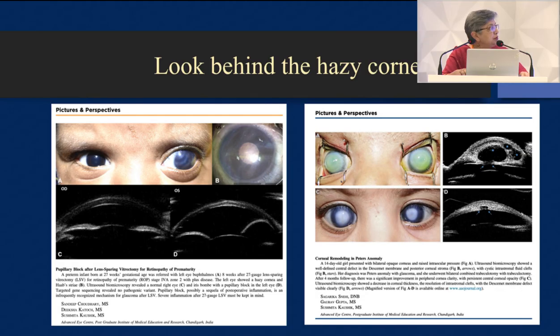The other eye was completely normal. This was interesting because we had this clear area in the center, and we thought it was Peters anomaly, but then the UBM showed us this huge intracorneal cleft. So we started recognizing these intracorneal clefts as a really bad prognosticator for clearing. When we have stromal separation in the cornea right at the beginning, we know it's not going to clear.